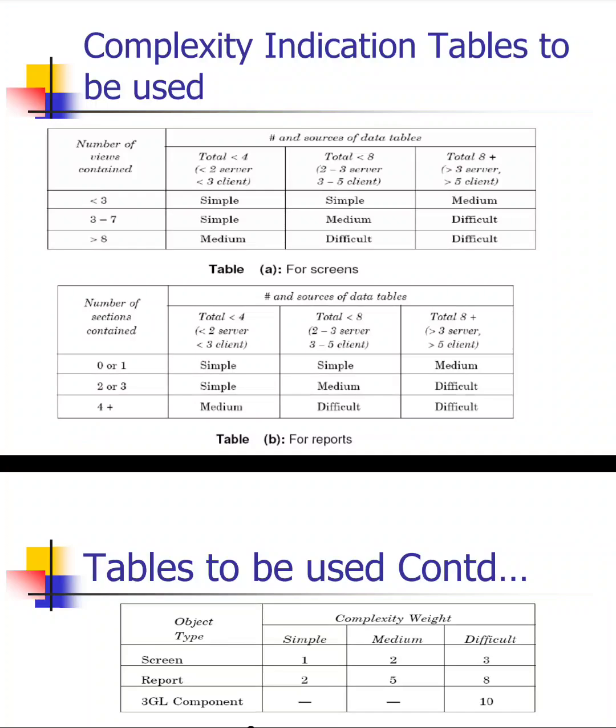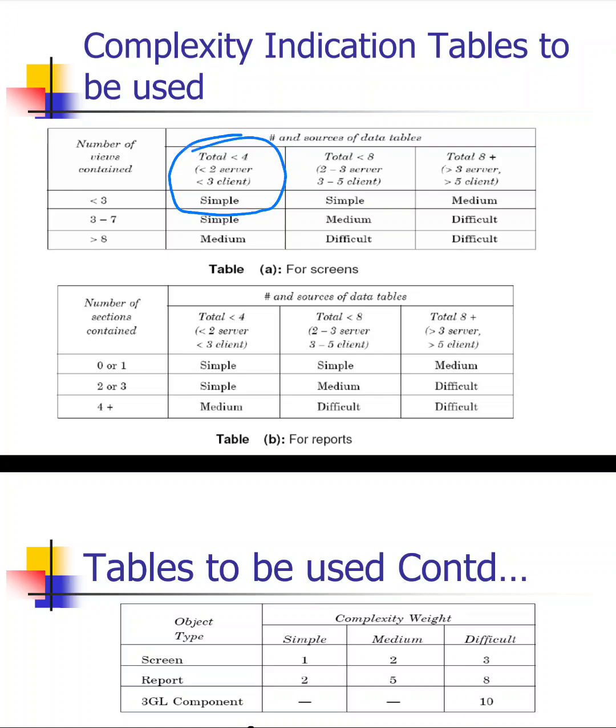Every view that we are talking about could be for the client or the server. So for screens, it would be either from the client end or from the server end. In total, if it is less than 4, then it would be considered simple.